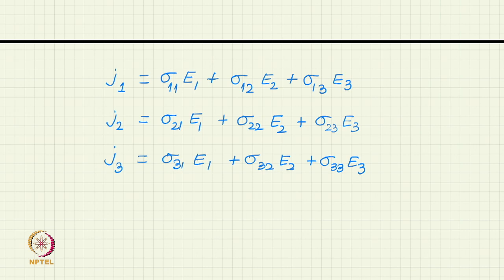components of the electrical conductivity, sigma 1 1 to sigma 3 3, relate the 3 components of the current density vector to the 3 components of the electric field vector. These are the 3 components of the electric field vector.